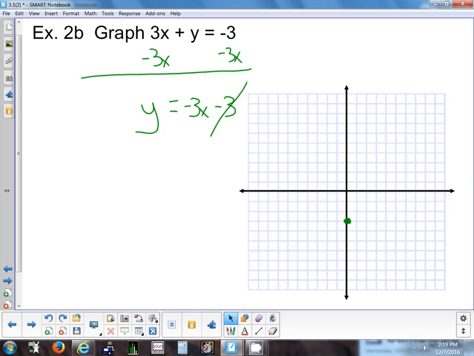All right? So, Dominic, what is that slope telling me to do from my y-intercept? How do I graph it? I'm looking for directions here.